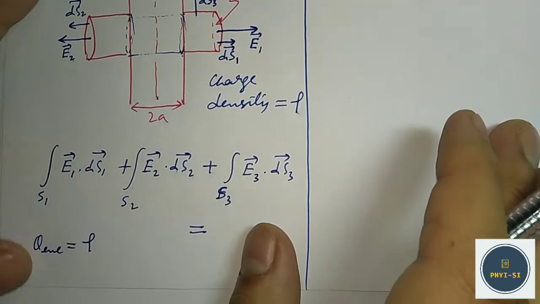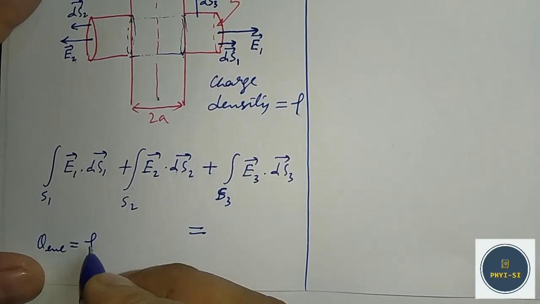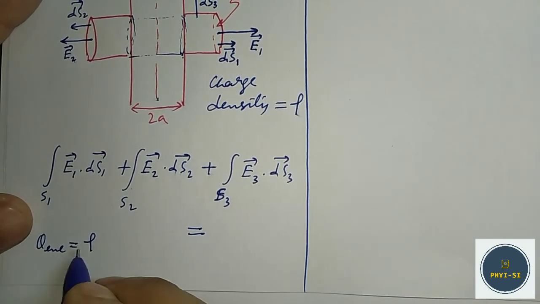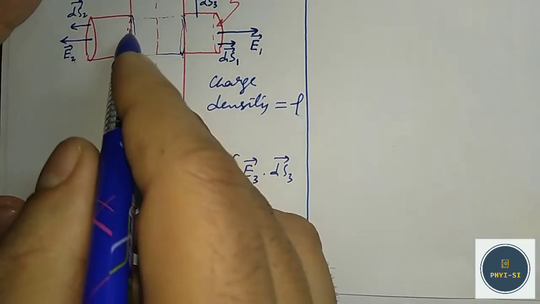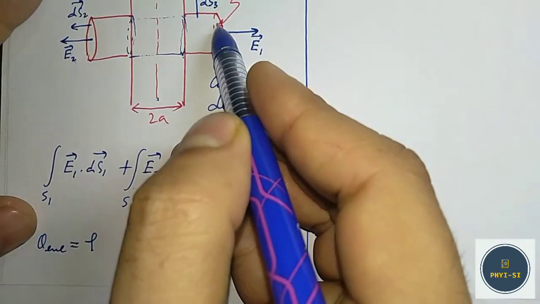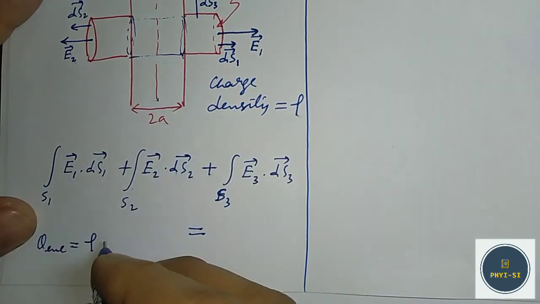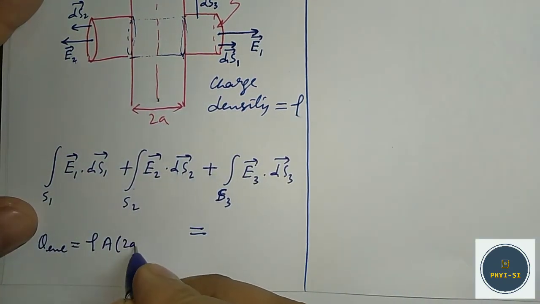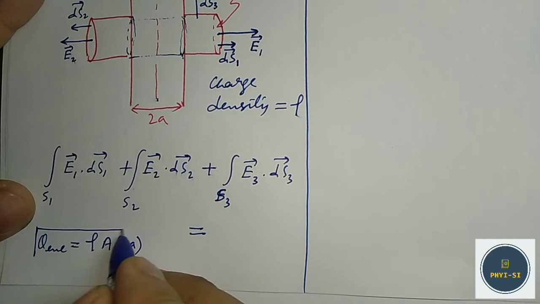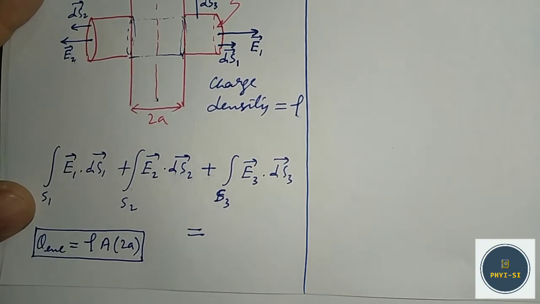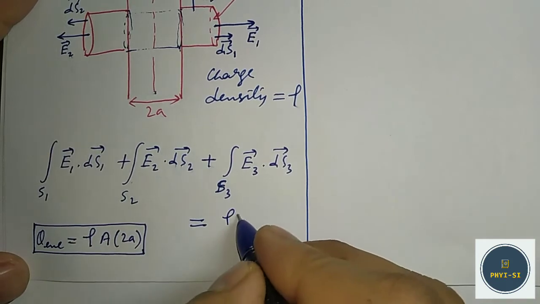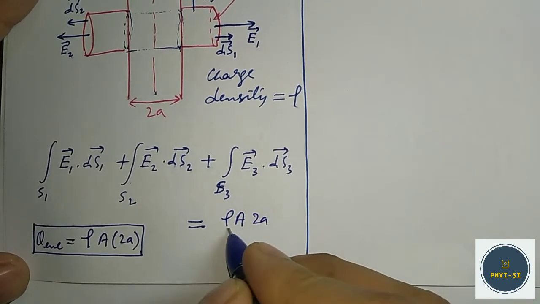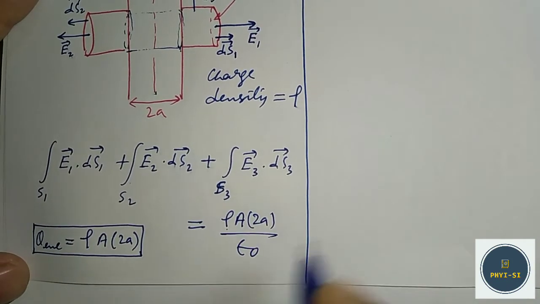So the charge must be equal to charge density into volume, and the volume is area into length, where the area is A and the length is twice of a. So this is the charge inside the Gaussian surface: rho A into twice of a, divided by epsilon naught.